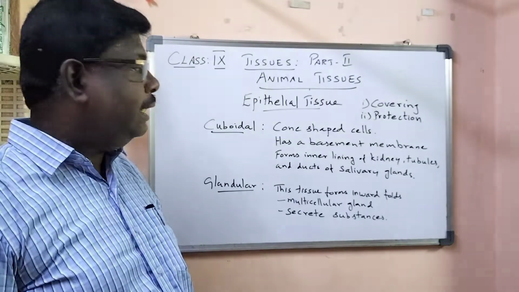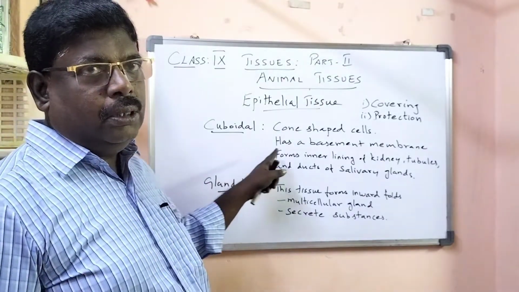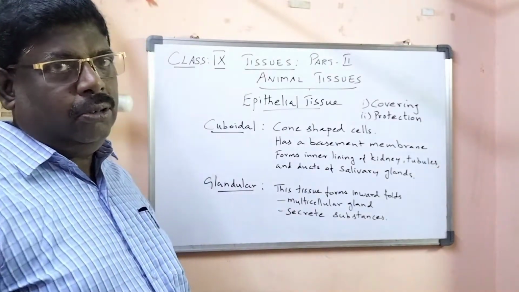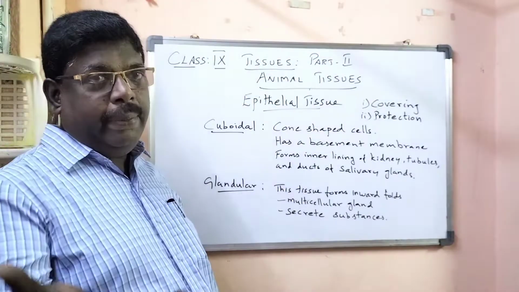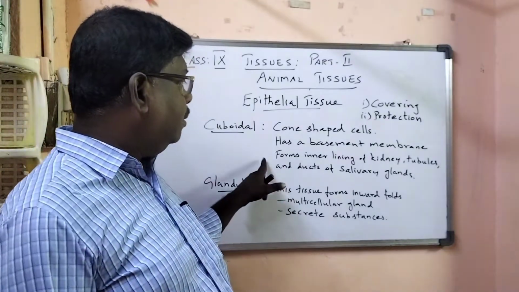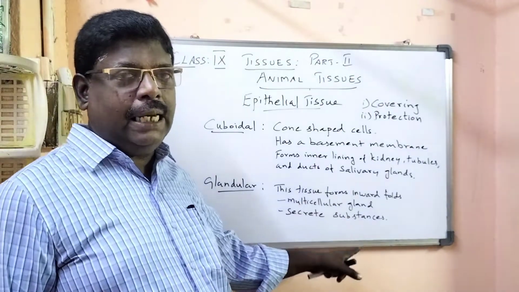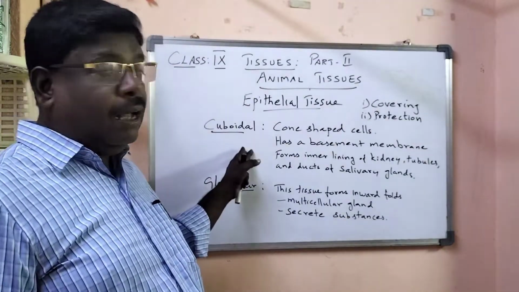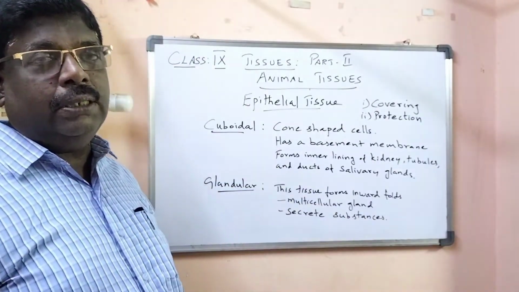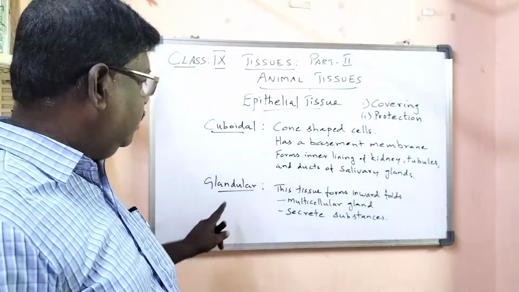The salivary gland and all is made up of cuboidal epithelial tissue. It also gives mechanical support and protection to the respiratory organs.